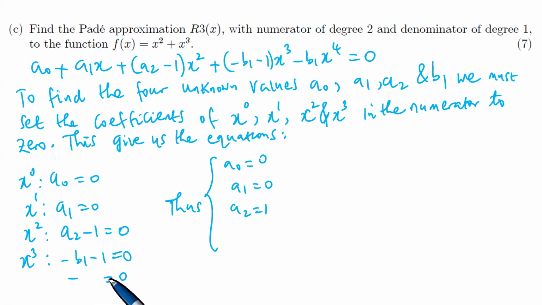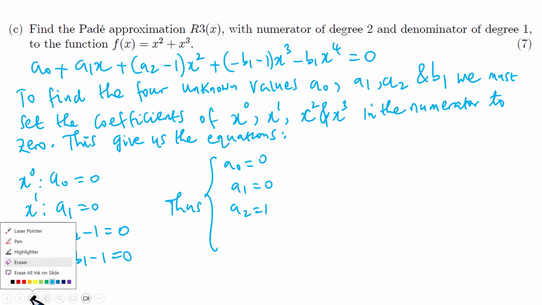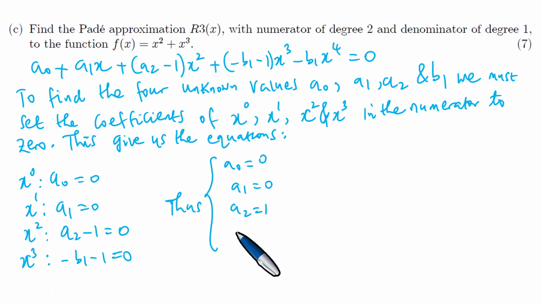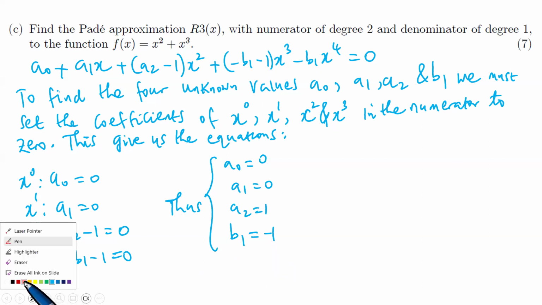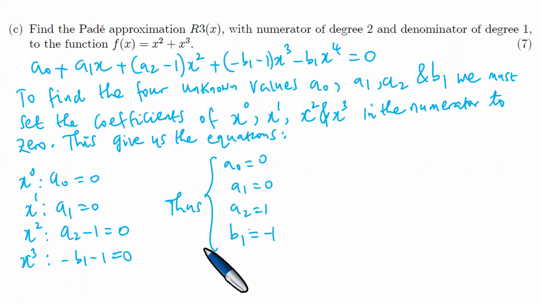You're going to stop at x cubed. Obtaining b1, it's -1. And as a consequence, we're then saying, hence the Pade approximation.